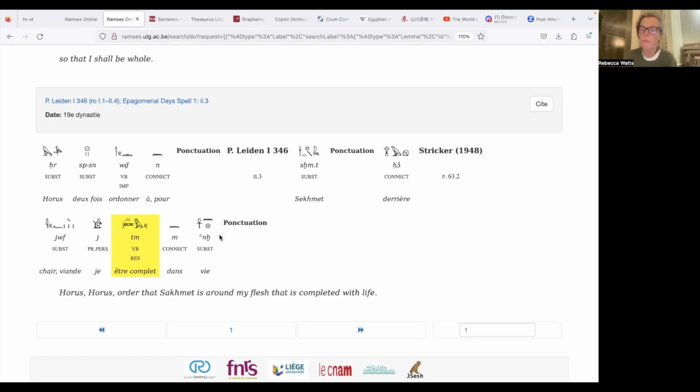It's just a vague memory of something that I looked at, but it could be completely wrong. So we translated it as complete, but it might be Middle Egyptian. So it reached its fulfillment. Perfect. So tem basically is fulfill, complete.